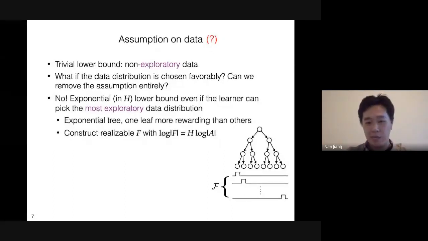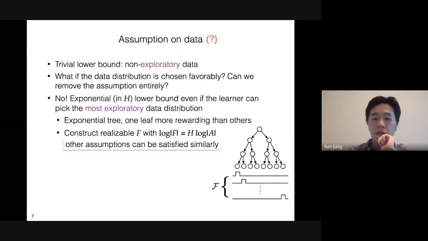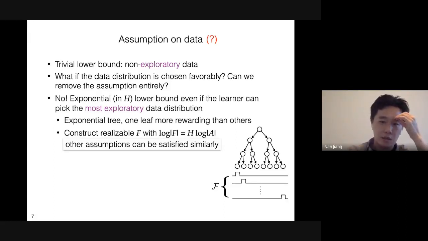It's automatically realizable, and it has a polynomial logarithmic size. We'll be talking about some other assumptions, for example, closeness under Bellman update. It turns out that all those assumptions can be satisfied similarly without giving you a very huge logarithmic size of f.